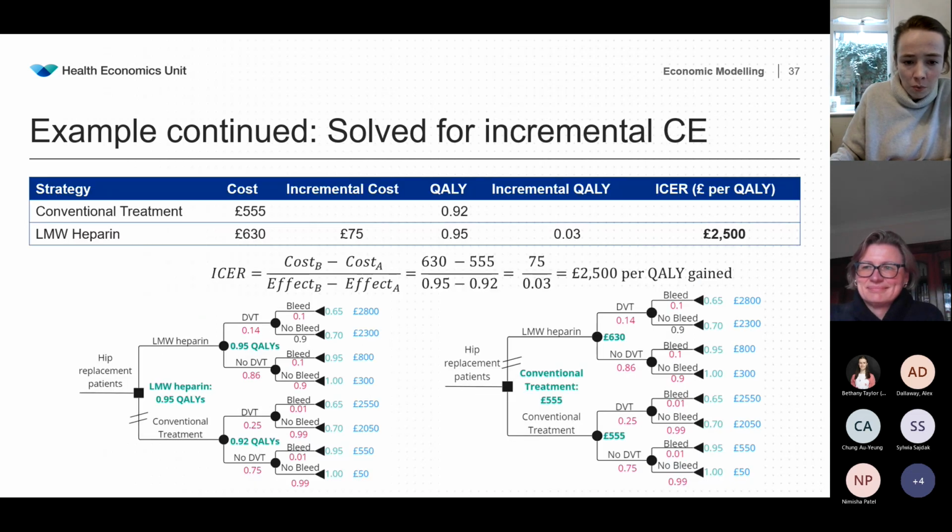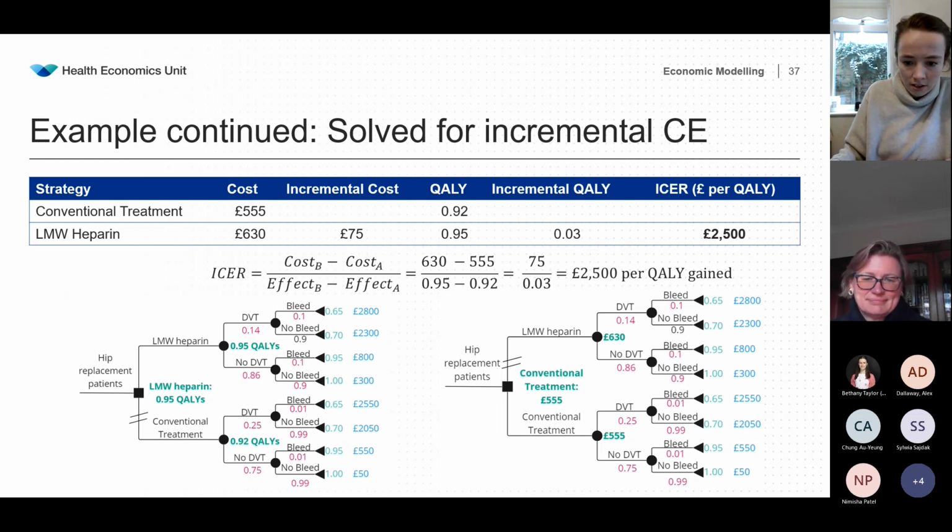And then we can solve for cost effectiveness. So cost effectiveness from previous sessions is the change in cost over the change in effect, which here is showing that the heparin arm has 2,500 per QALY gained, which would be below NICE's threshold of 30,000 pounds. Yeah? Any questions on this part? Or does that make sense?